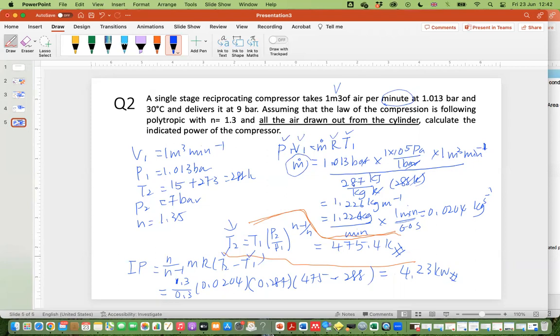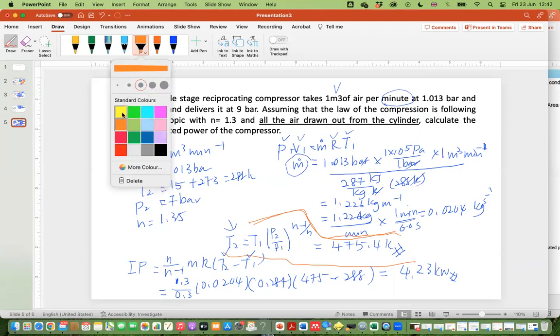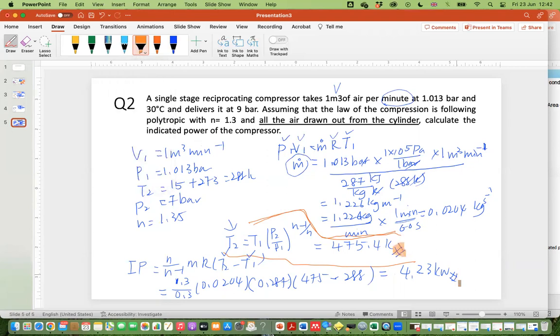I would like to discuss something with you. You notice that I like to put a box like this at the end of my answer. I noticed that some of you have a lot of calculation information and your writing is as bad as mine, so something might make me overlook the answer.